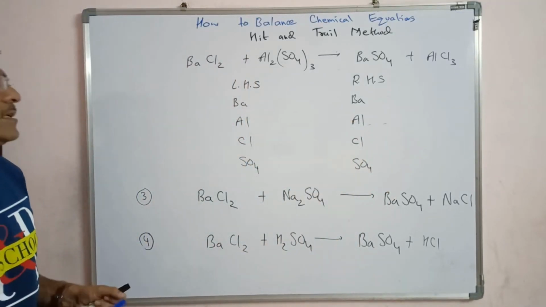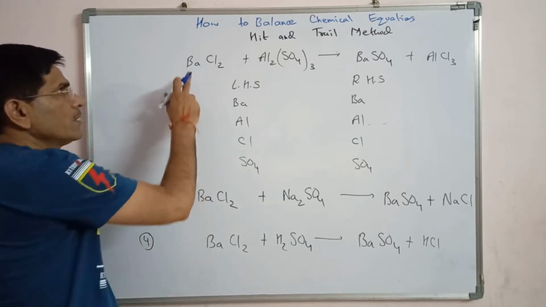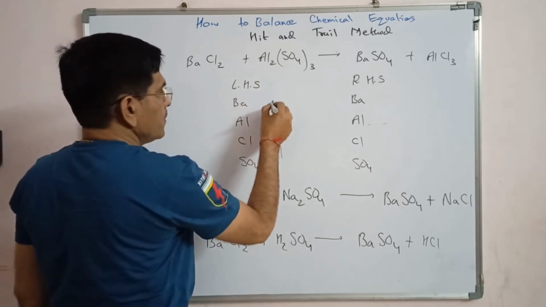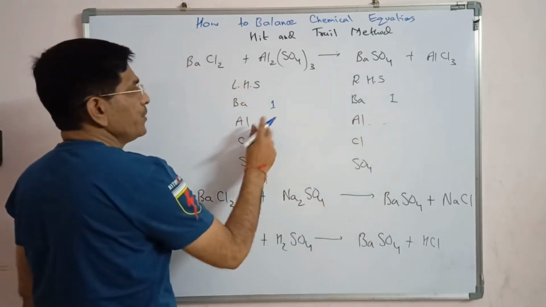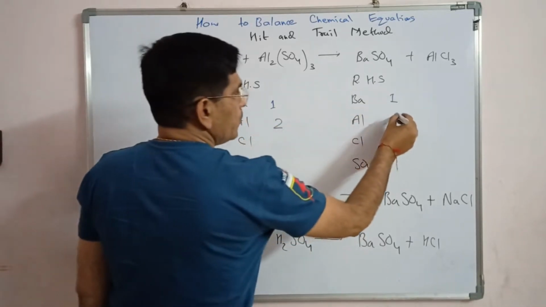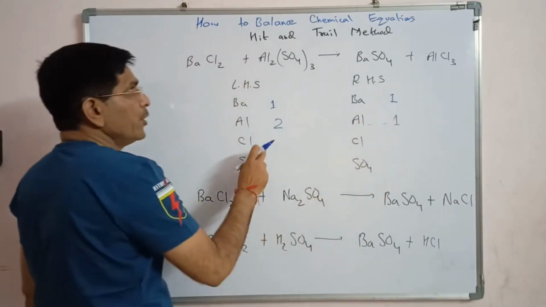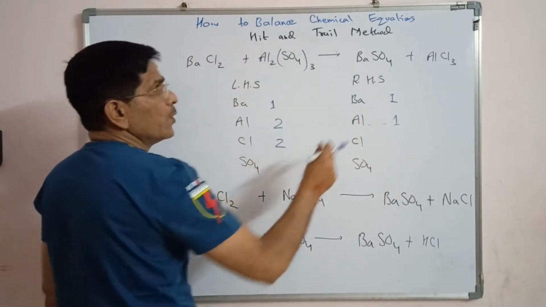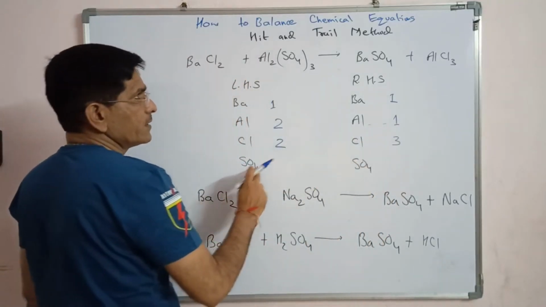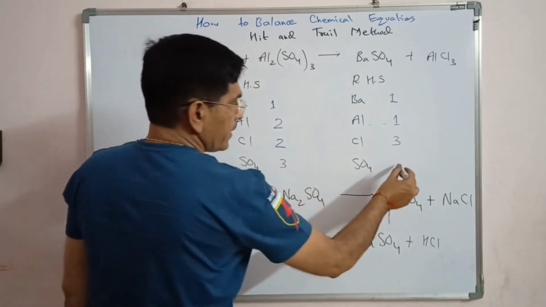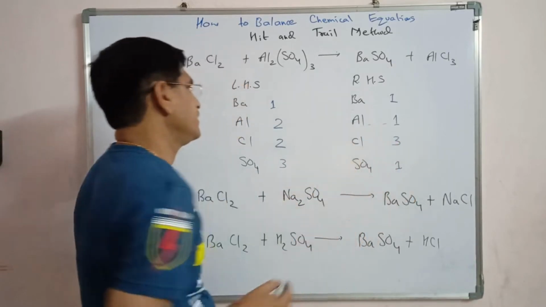Now if we see them, first of all we find barium is 1. Aluminum is 2 on one side and aluminum is 1 on the other. Chlorine is 2, chlorine is 3. Sulfate is 3 here and 1 is here.